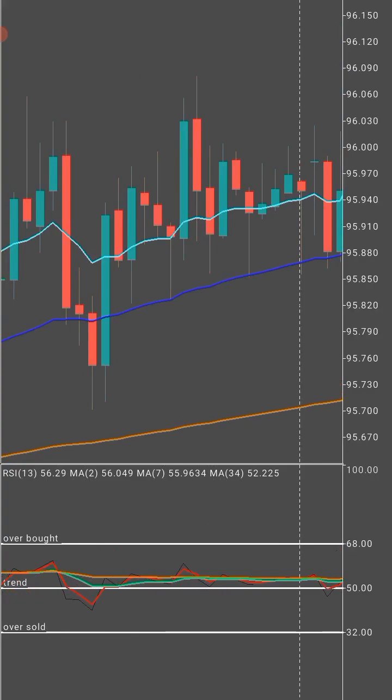The exhaustion gap appears near the end of a trend, when momentum is fading in the market. We tend to see the exhaustion gap indicating a potential reversal in the market.